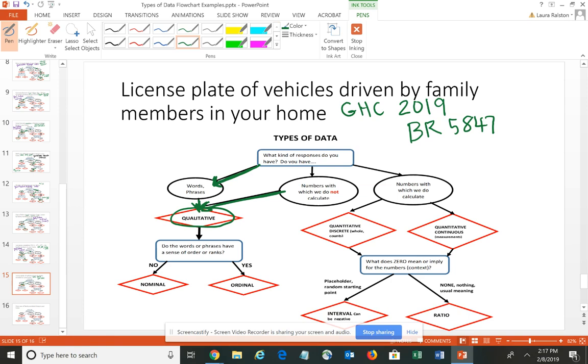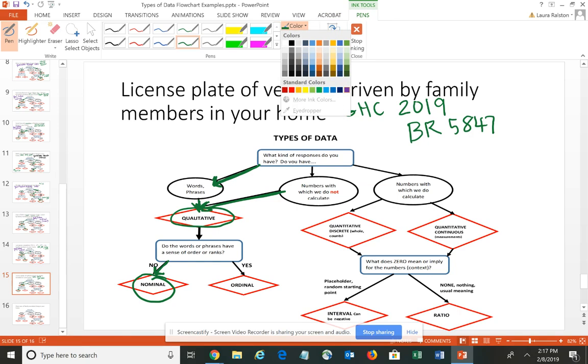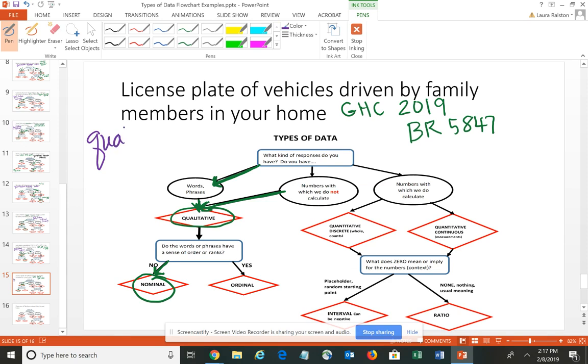And so then again, you want to think about, do you have a sense of order there? Is one license plate better than another, or one ranking better than another? And it's not. It's just however you come in and go to the DMV to get your license plate. So ultimately, the license plate is qualitative, and it's at the nominal level of measurement.